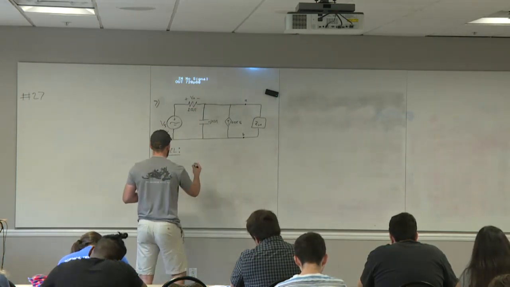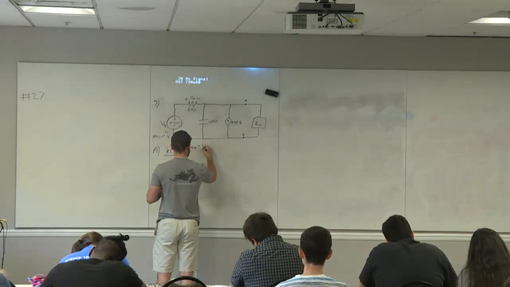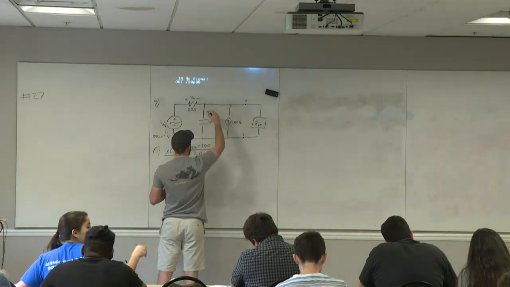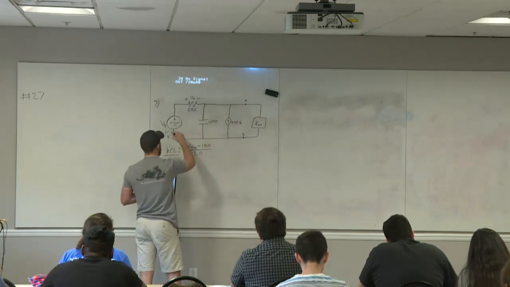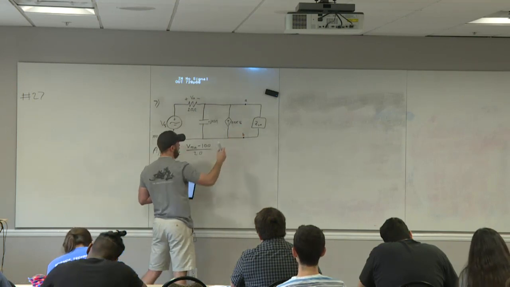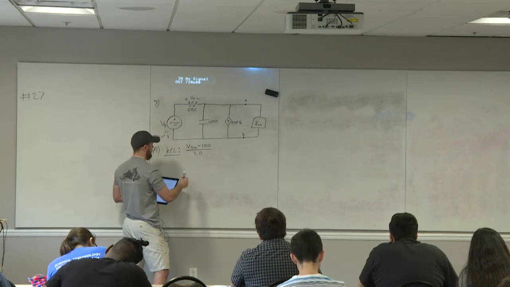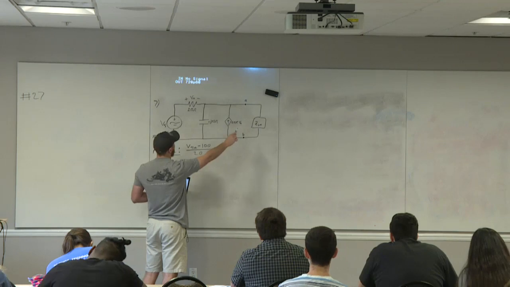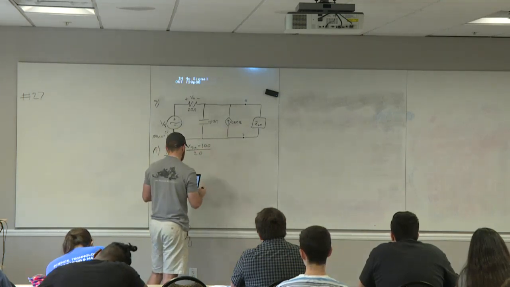So KCL, we're going to do VTH minus 100 over 20. I'm doing KCL at this whole node right here. Since I'm solving for V Thevenin, we still have to factor in this source voltage. If we were solving for Z Thevenin, which I'll do after this, I would turn this off and then put a test source there.